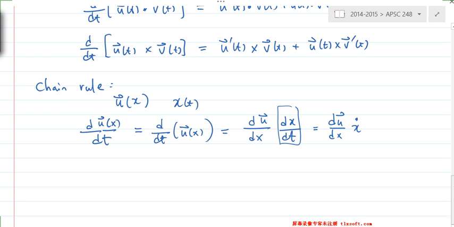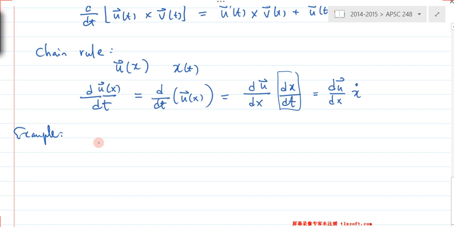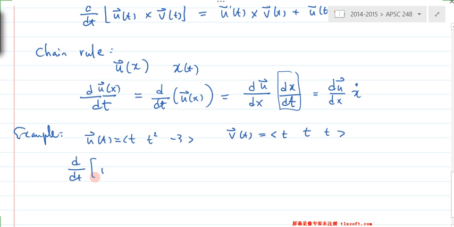I think the exercise you can do yourself. This is pretty simple. I'll just write it here: t squared, minus 3, and v of t. So let's say you have two vectors like this, and you are required to calculate the derivative of the dot product of these two vectors.